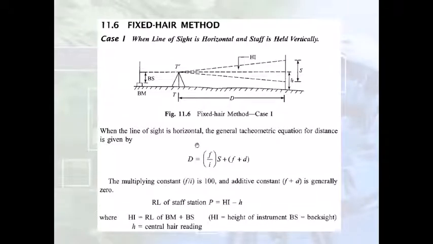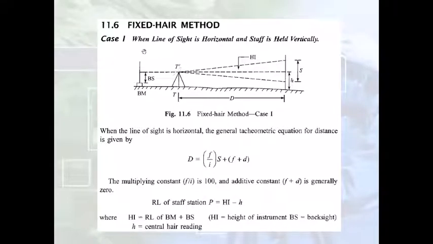So up till now, we've discussed how to find out the distance between the instrument station and the leveling staff. But now let's see how to calculate the reduced level of the point where the leveling staff is actually held. Like we discussed before, if you want to calculate the reduced level of a point, you need to know the reduced level of some other point, which is the benchmark.